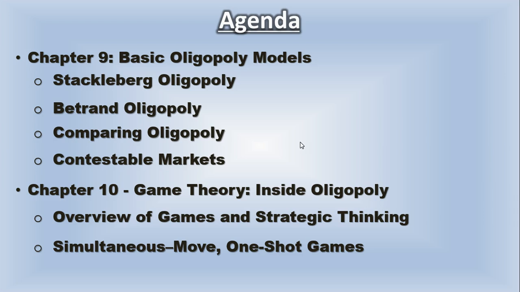So we already covered them, and I'll briefly cover them again today. We will compare the oligopoly models that we covered in the chapter. Not the Sweezy one, because the Sweezy one is slightly different in terms of how we go about understanding it. It's not necessarily based on the assumption of what your rivals are going to do in terms of output.